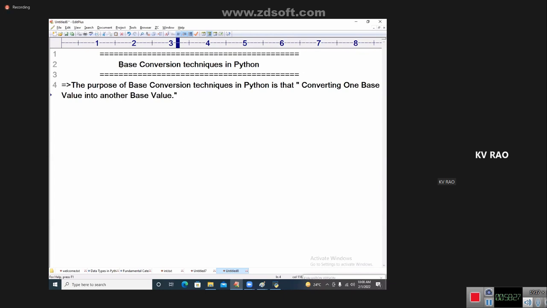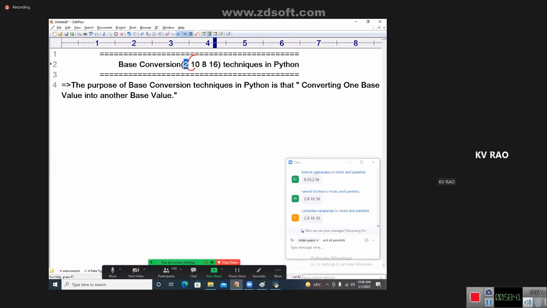What are the base conversions? Already we understand: base 2, base 10, base 8 and base 16. Base 2 values are binary. I can convert binary into decimal, binary into octal, binary into hexadecimal. Like that, decimal into binary, decimal into octal, decimal into 16.